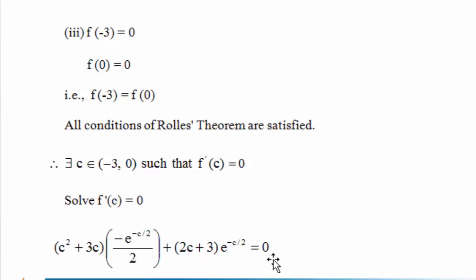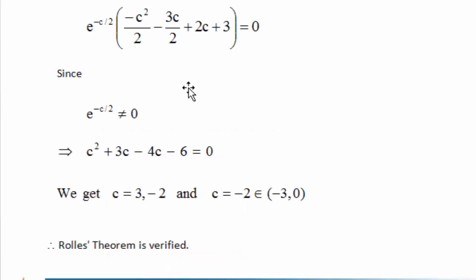If we simplify this by taking the exponential function outside, we know very well the exponential function never vanishes, never becomes 0 at any point, so the bracket must be 0.